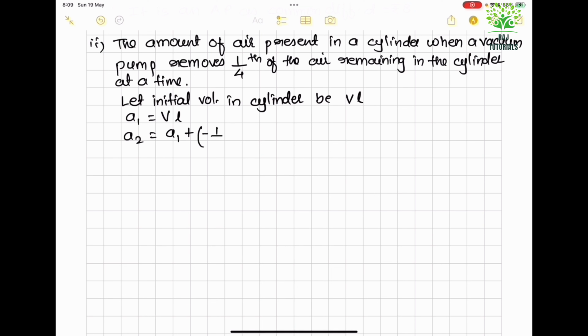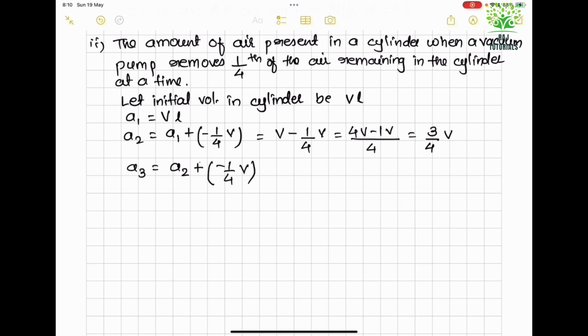Removing means negative 1/4 V. So this will be V minus 1/4 V. If I do LCM 4, so 4V minus 1V, that will be 3/4 V. Then A3 is 3/4 V minus 1/4 V into 3/4.